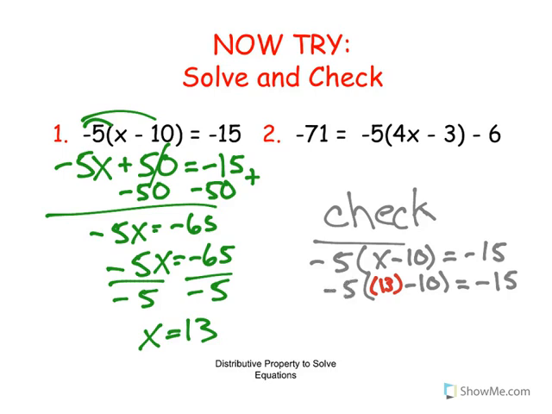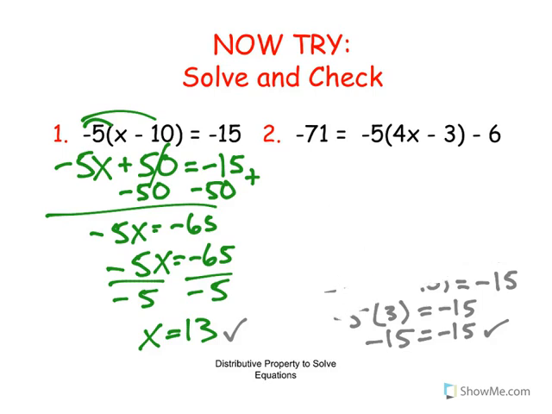And again, I'm not going to distribute. Order of operations does not tell me to distribute. It tells me to evaluate what's in the parentheses. And we know that this works, meaning our solution for x was correct, that it was in fact positive 13.